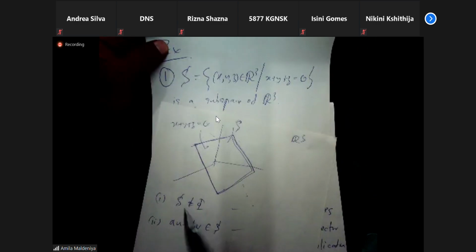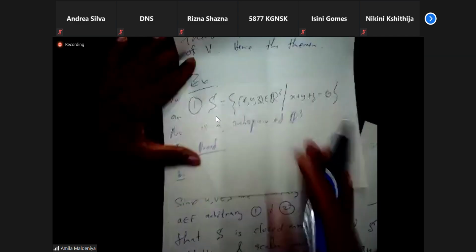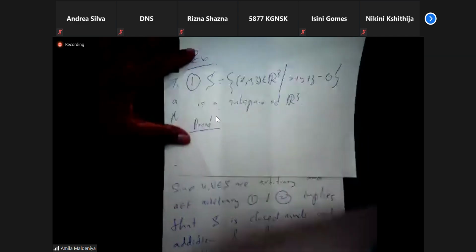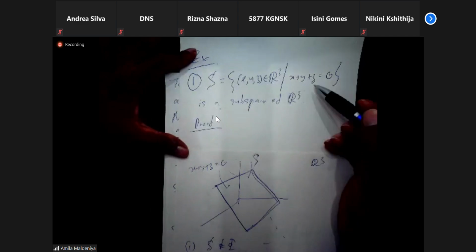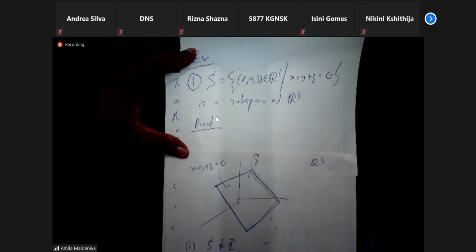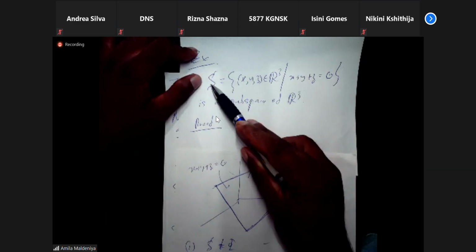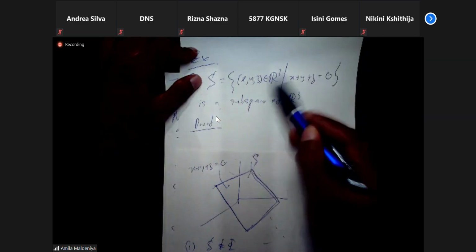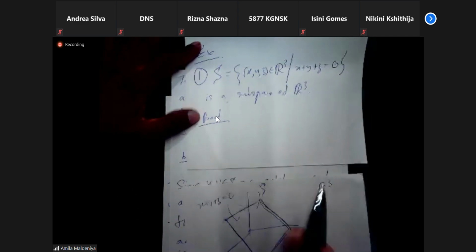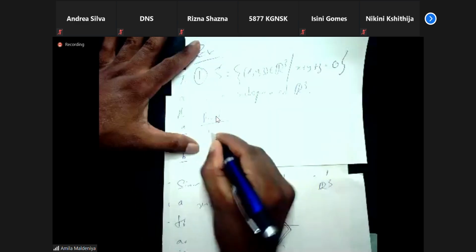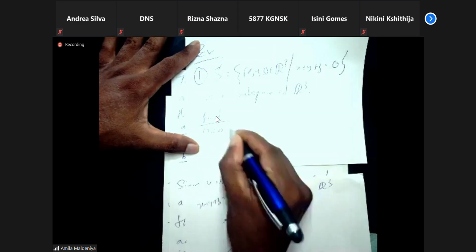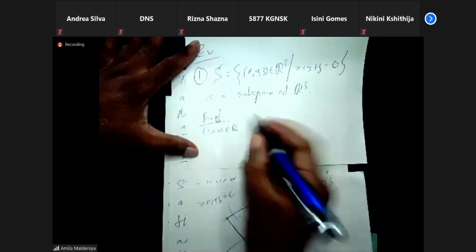Let's first prove it is non-empty. How do you do that? Just say it has at least one element which satisfies the condition. Which one would you like to use? I can take the zero vector, 0 0 0, in R3.